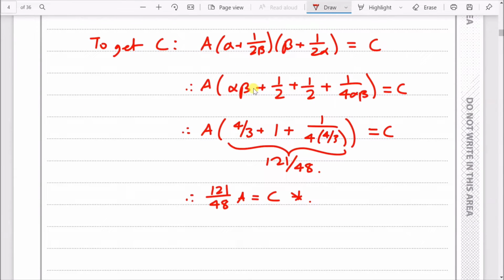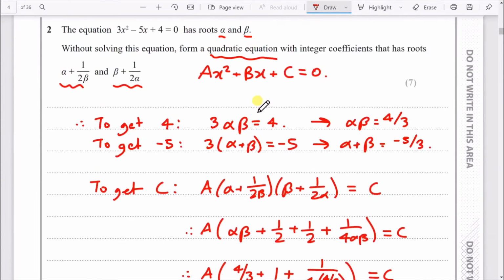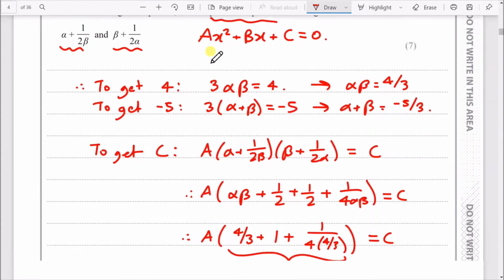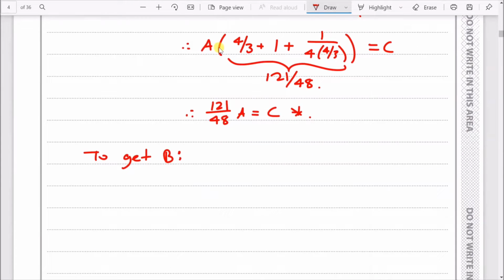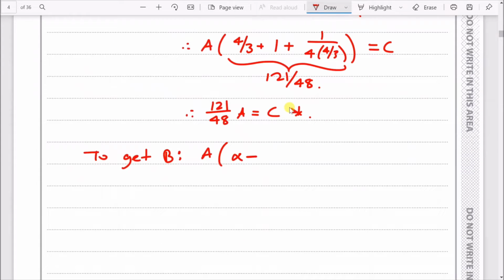To get B, using the same idea, previously when we found the second middle one, we had to add up the two roots and times against the first term. So in this case, we add up these roots and times against A. So it'd be big A, and then we add up the two roots: alpha plus 1 over 2 beta, plus the other root, beta plus 1 over 2 alpha, and that's supposed to equal B, guys.